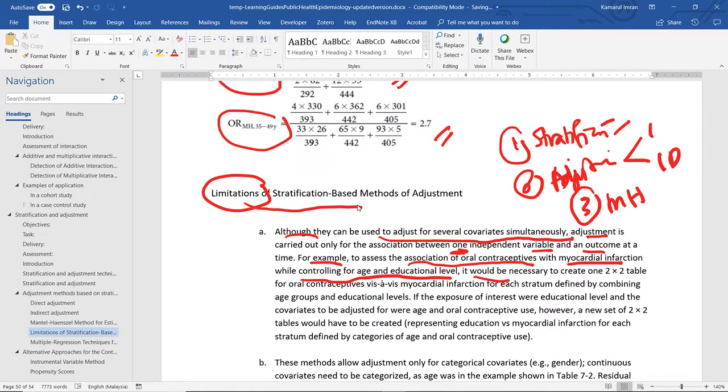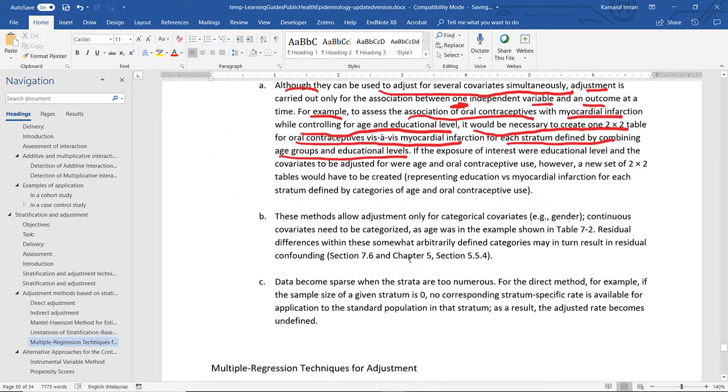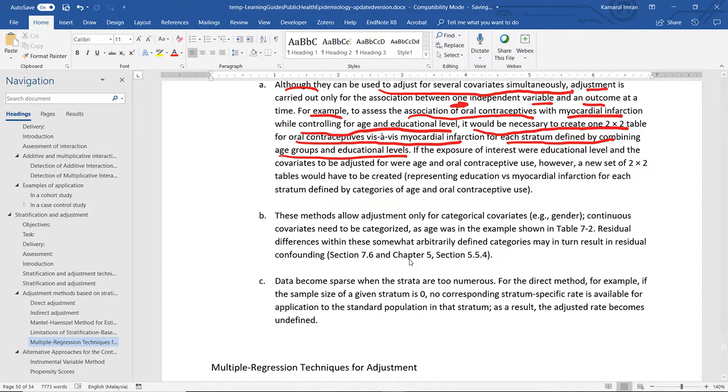It will be necessary to create a 2x2 table for oral contraceptives and MI for each stratum defined by combining age group and educational level. So it will be very complicated. I don't think it is complicated, I think it is troublesome. It is cumbersome. It is not efficient to do that.